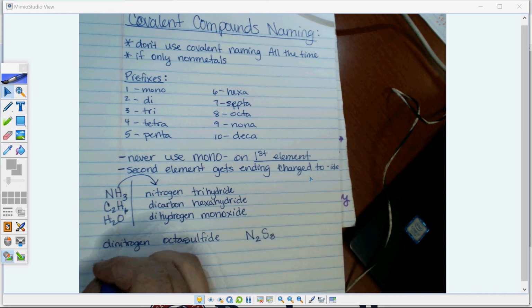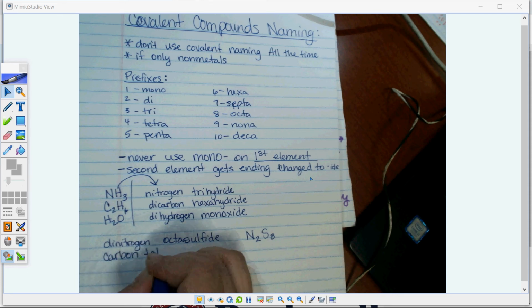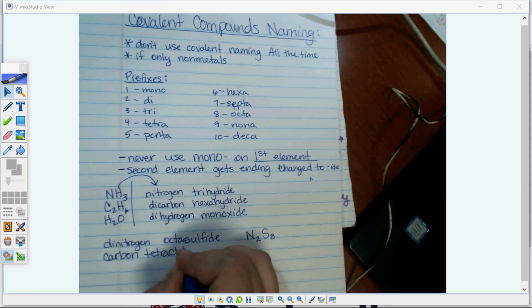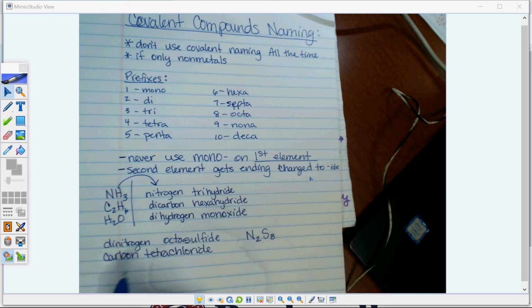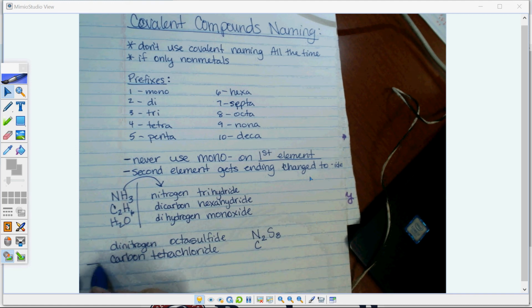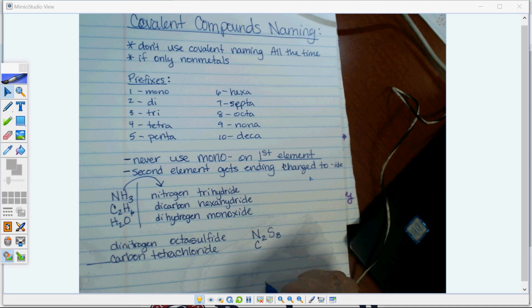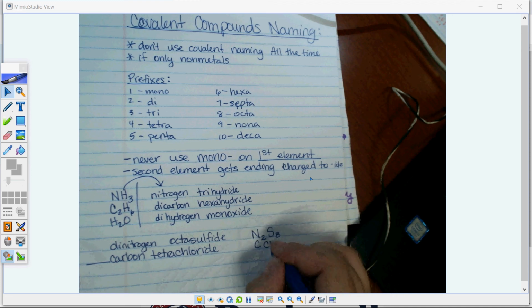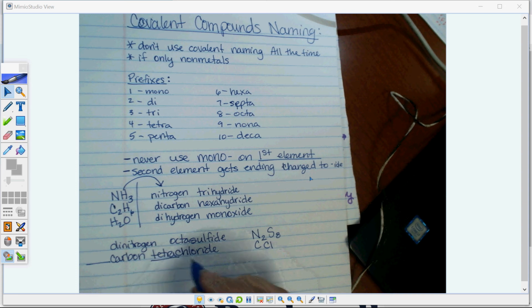If I have something like carbon tetrachloride, carbon tells me the first element is C. The lack of prefix tells me that it's 1. Chloride is talking about Cl, and then the prefix tetra tells me 4.